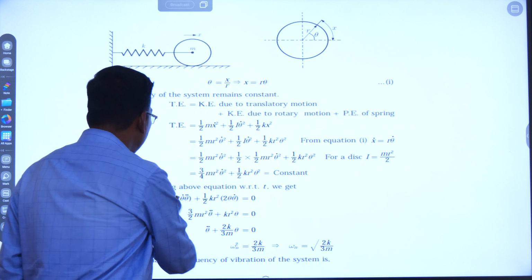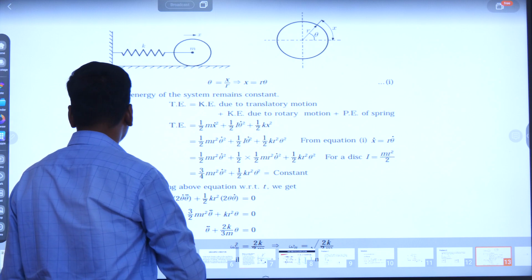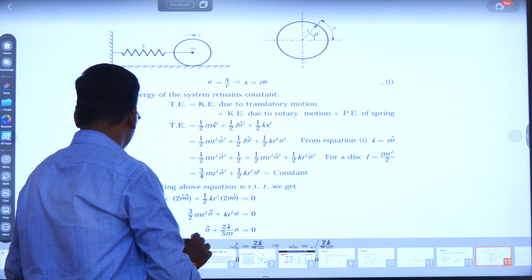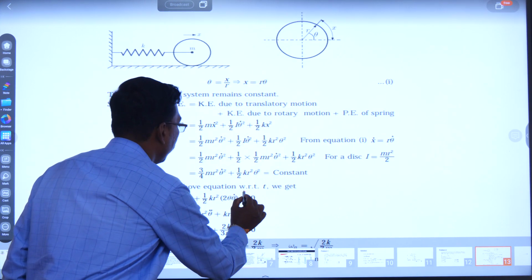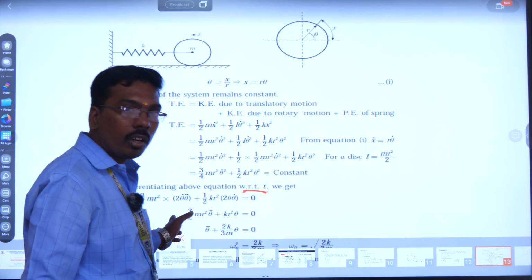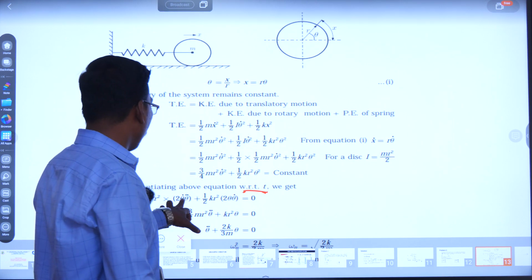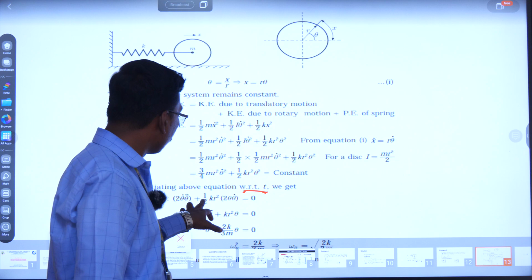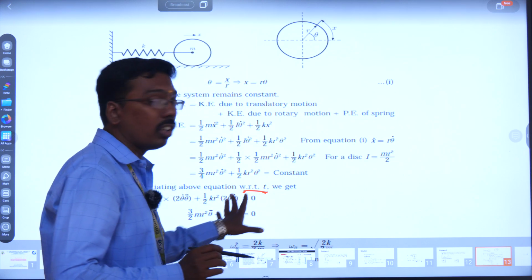On differentiating the above equation with respect to t, we get 3 by 4 m r square into 2 theta dot theta double dot, plus 1 by 2 k r square into 2 theta theta dot is equal to 0, because of the constant value.